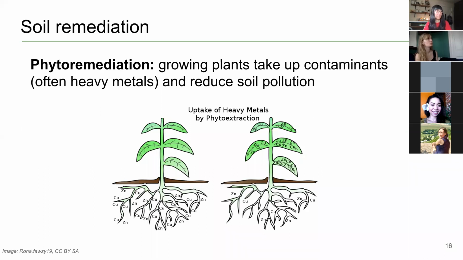In this example schematic, copper and zinc are being taken up by the plant's roots and are incorporated into its leaves. Over several growing seasons, you can then pull out the plants that have taken up these metals and dispose of them as hazardous waste. So, good question, what do you do with the plants?